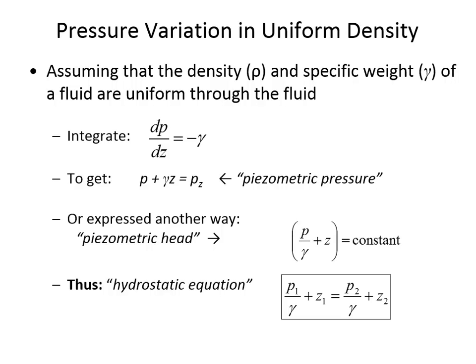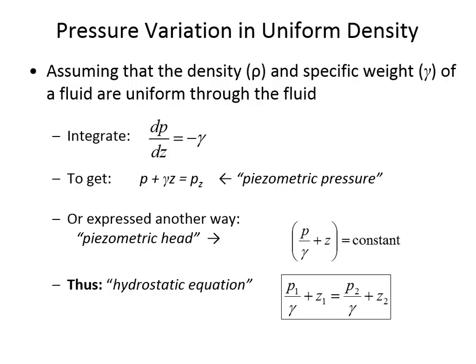This has a lot of Z1, but not very much pressure because it's not deeply immersed in the water. So P1 here is going to be relatively low at 1. But at 2, since it's more deeply immersed, P2 is going to be greater, but it has less Z2.